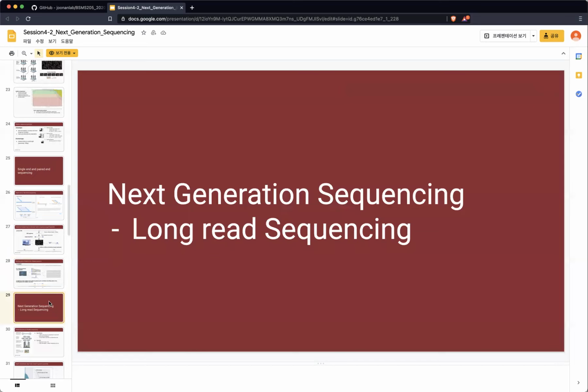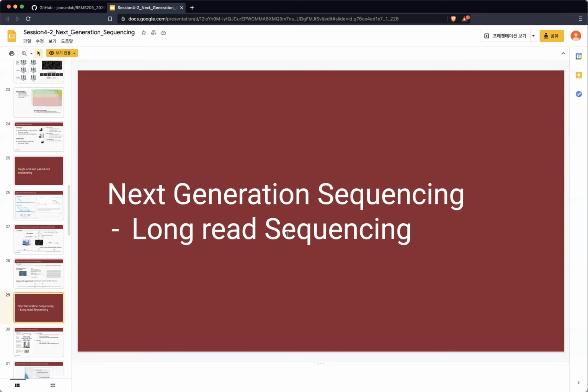Okay, so the next section is on next generation sequencing, the long read sequencing, right? Long read sequencing literally means longer reads, right? So why was long read sequencing introduced into the field, especially after the Illumina sequencing platform? The reason is that Illumina sequencing has shorter reads, so people were not really happy with that platform.